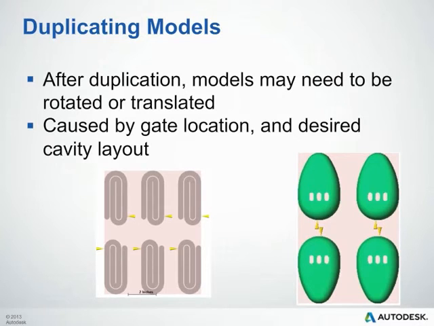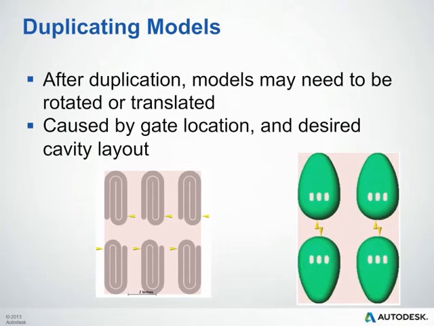Even though we have a cavity duplication tool, please keep in mind that it may be necessary to rotate or translate your model after the fact. You can see in the image on the left, the gates on the top 3 cavities are on the right-hand side of the part, whereas on the bottom, they're on the left-hand side. We may need to rotate these parts so we get a uniform orientation.